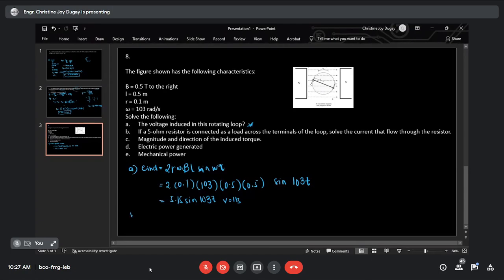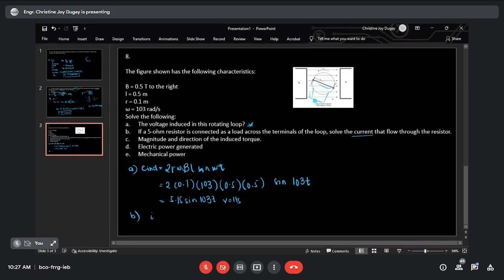What if, sa letter B naman, ang tinatanong niya, what if meron tayong connected na resistor across the terminal of the loop? So dun sa may across niya, what will be now the value of the current across? Ibig sabihin, nakaparallel. So, kung ano ang voltage natin dito, siya din lang ang voltage natin sa resistor. Since naka-equation ito, naka-time domain po siya, kukunin naman natin si current as an instantaneous value.